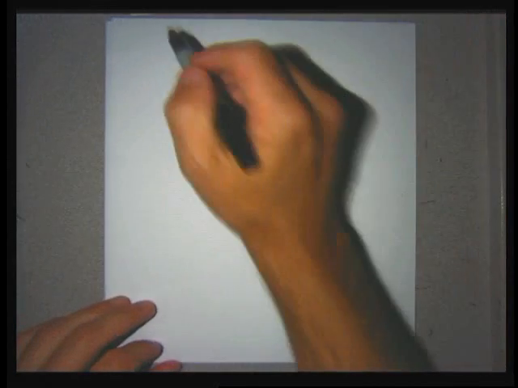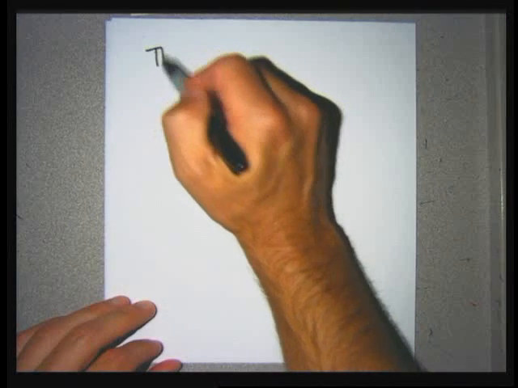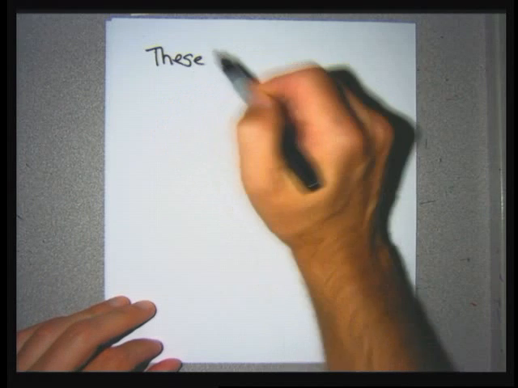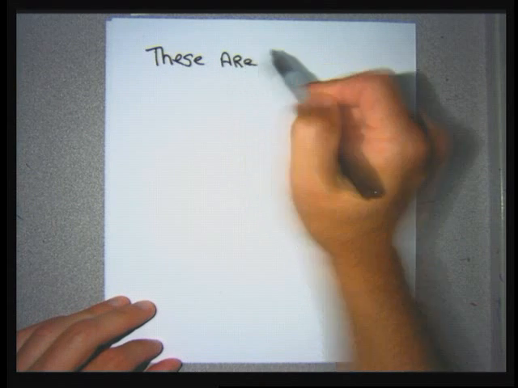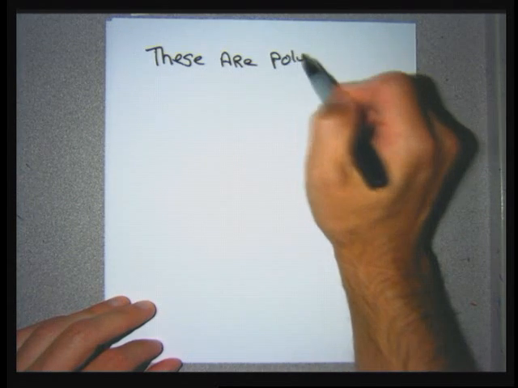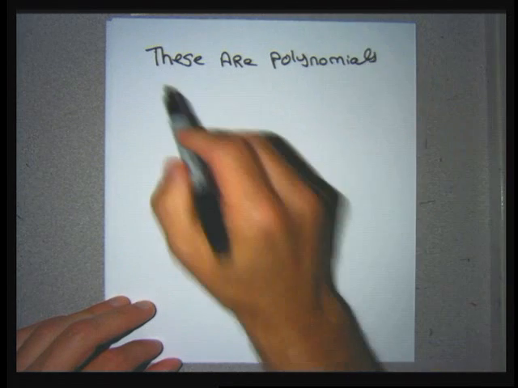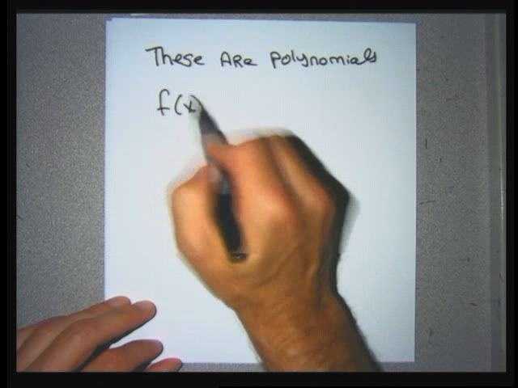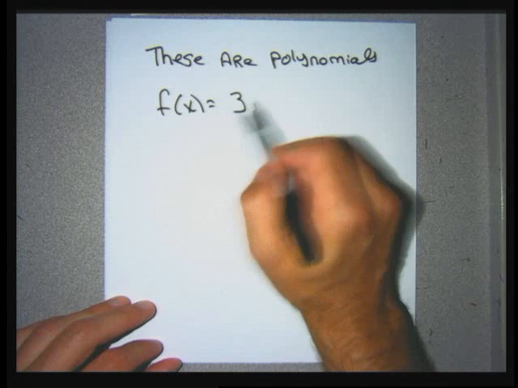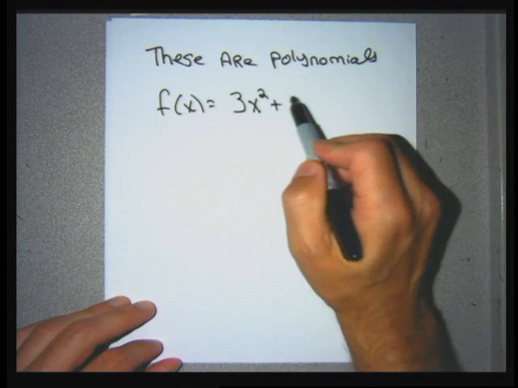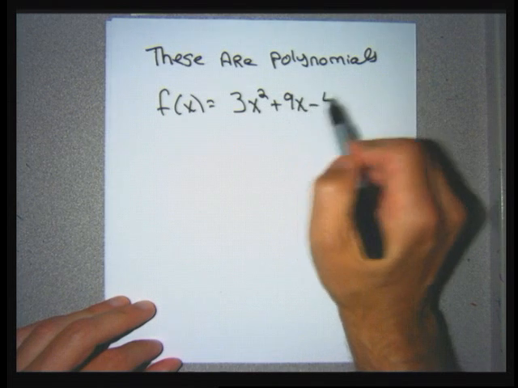Here's an example. These are polynomials, something like this. F of x equals 3x squared plus 9x minus 4.